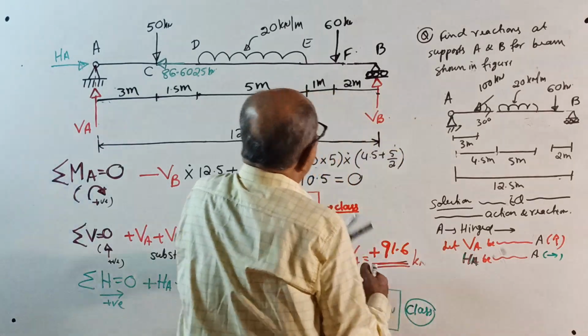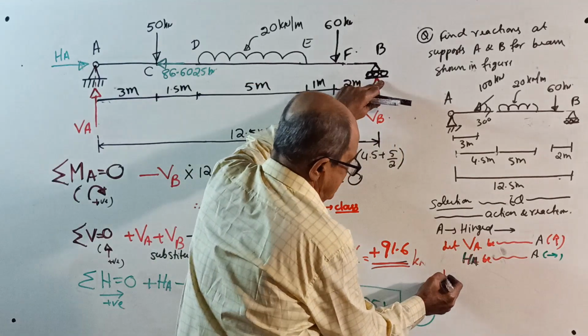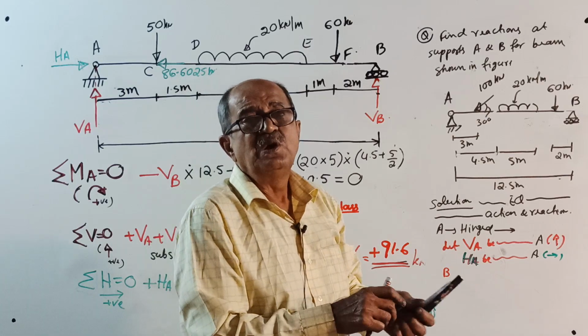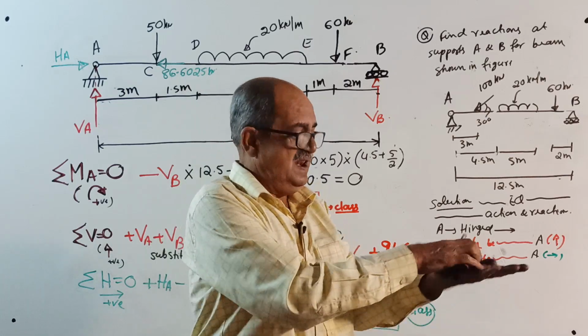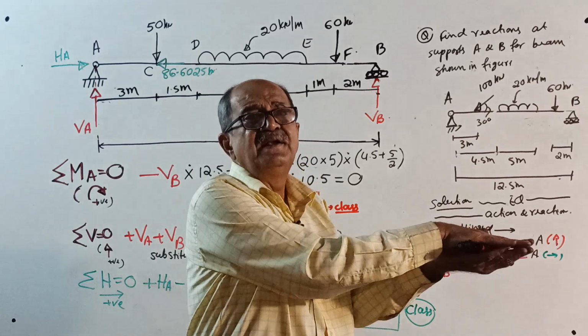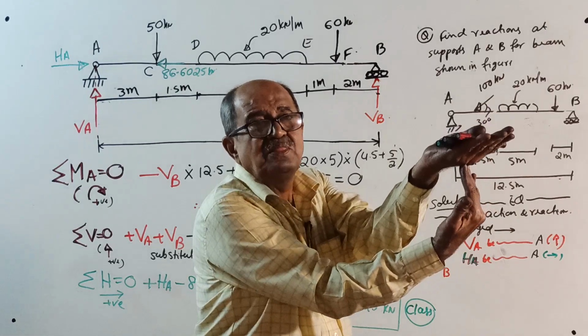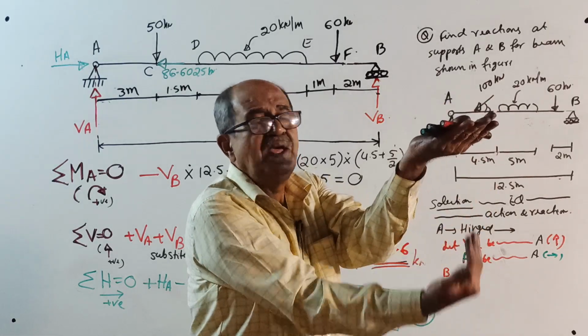Lastly, support B is on roller. How is the roller? Roller is in horizontal plane. So for a roller in horizontal plane, the reaction will be perpendicular to the plane of the roller.